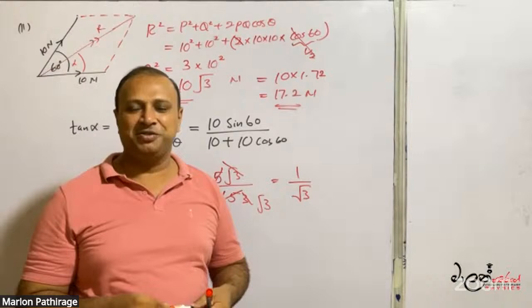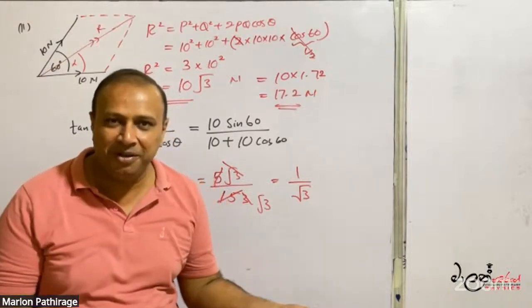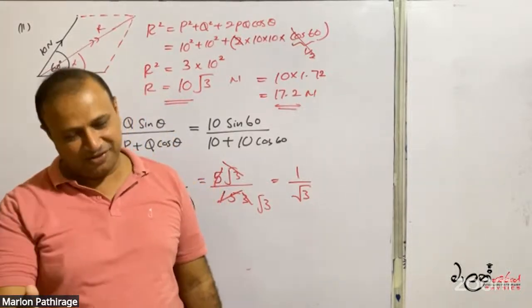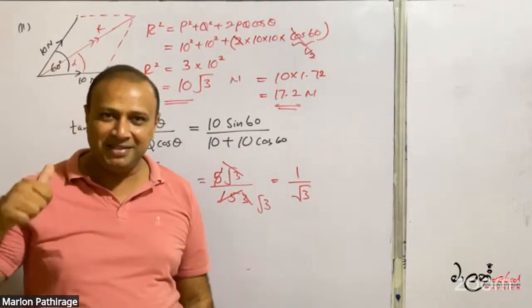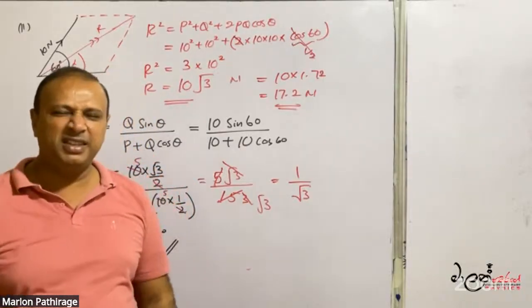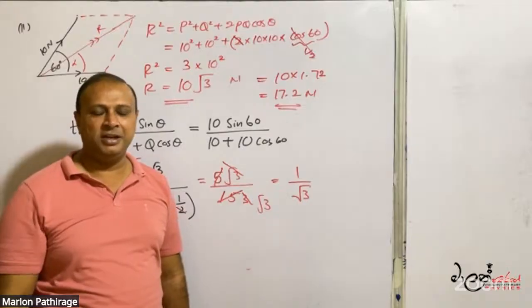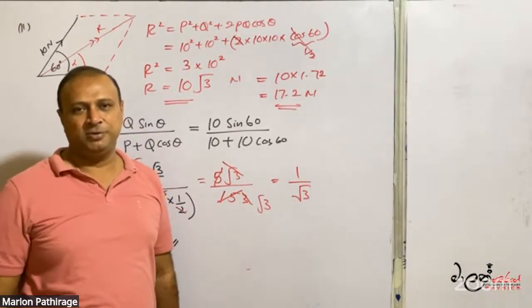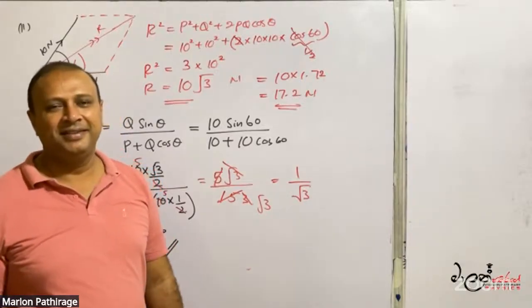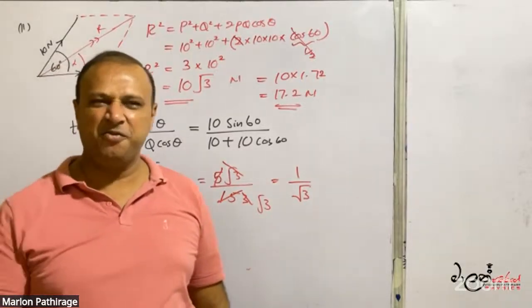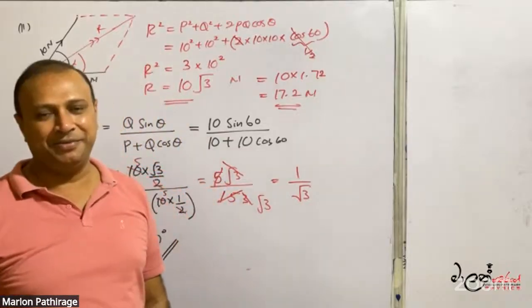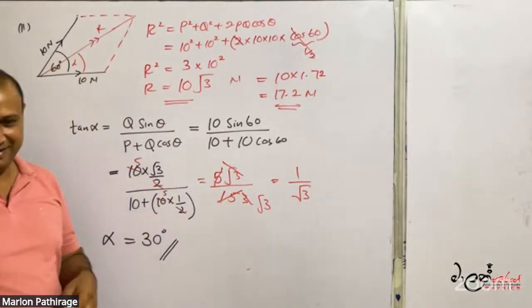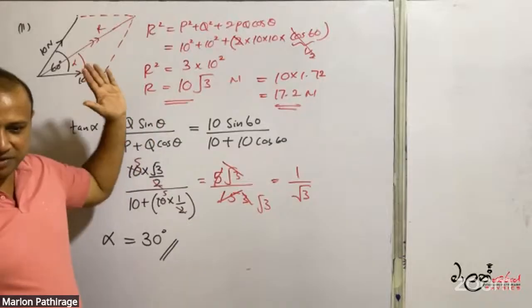You don't need to apply any equation. Alpha should be 30 because this is a rhombus. Without doing any calculation, if you can remember your geometrical knowledge, then you can do vectors very quickly. Okay. If you get that one, please raise your hand.